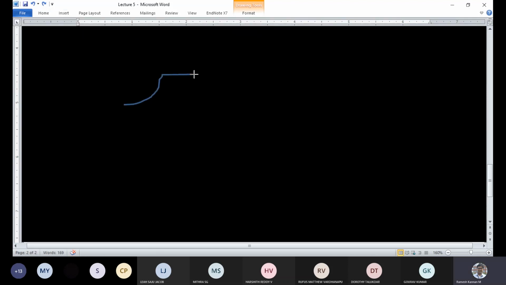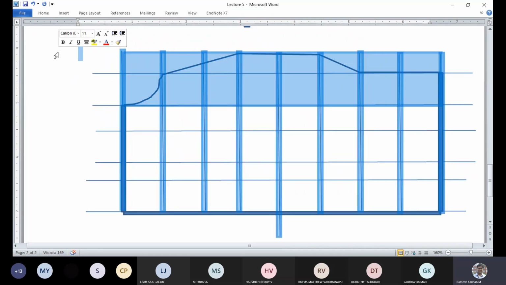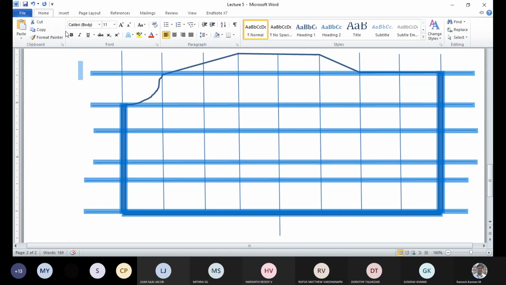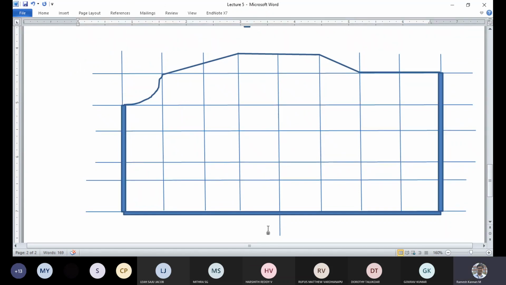Right, so this is typically a floor plan.